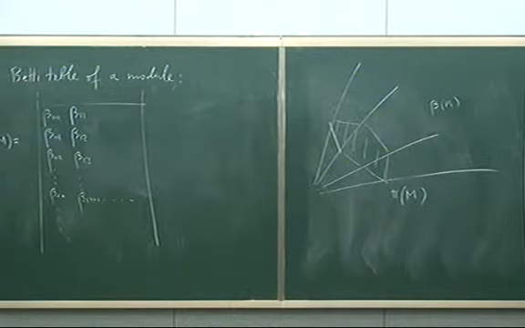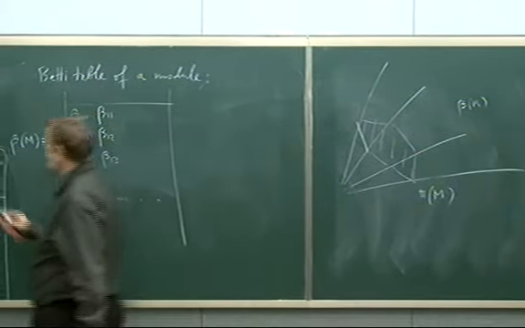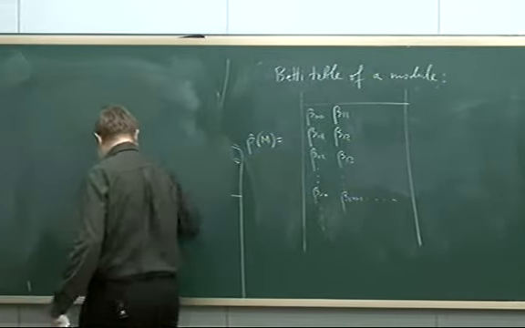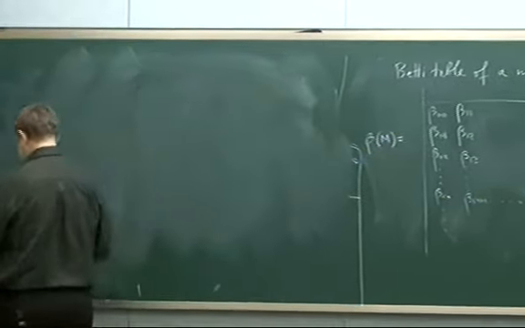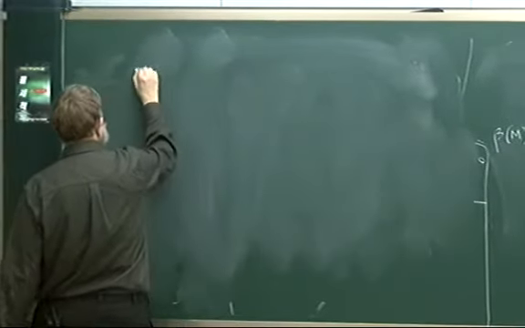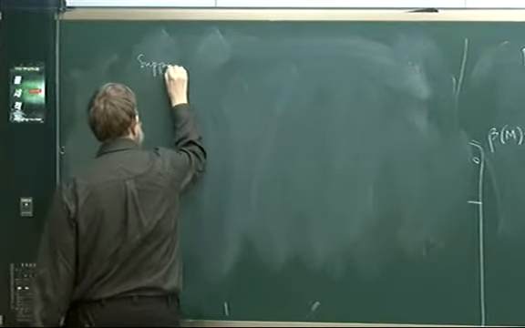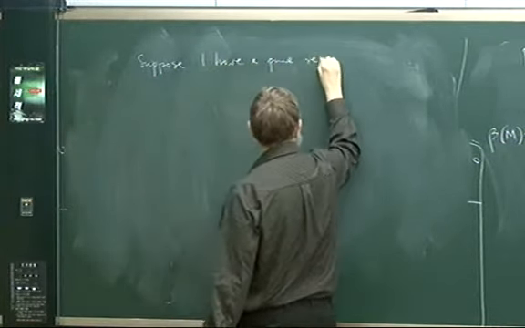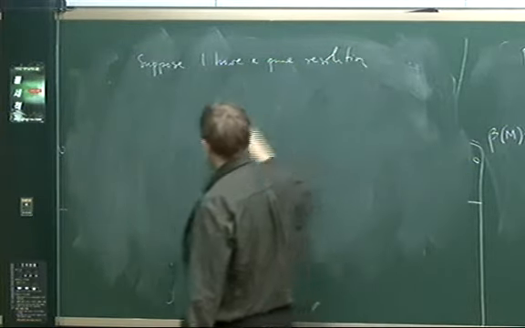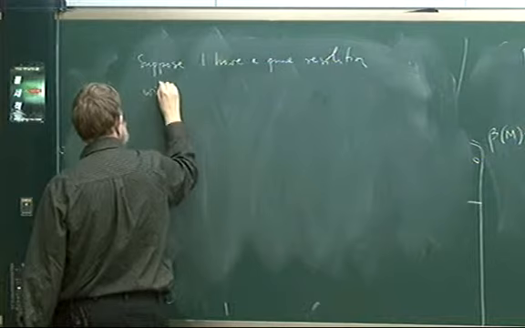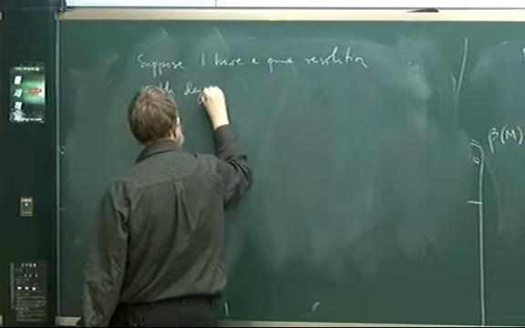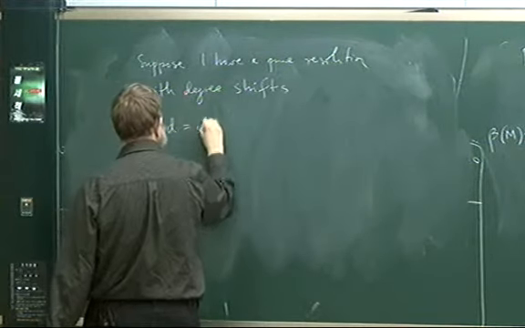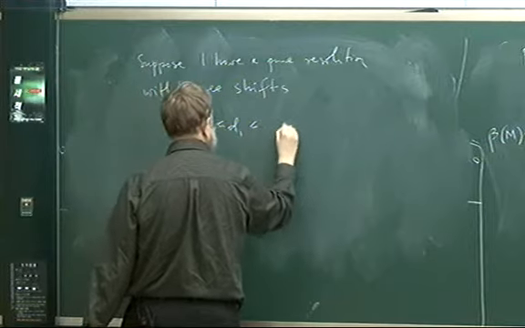So basically, what was known is this: suppose I have now a pure resolution with degree shifts d equals d0 smaller than d1 smaller than ... dn.